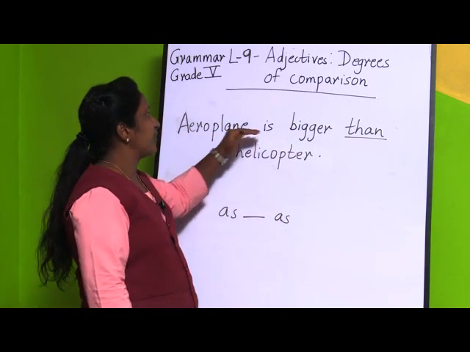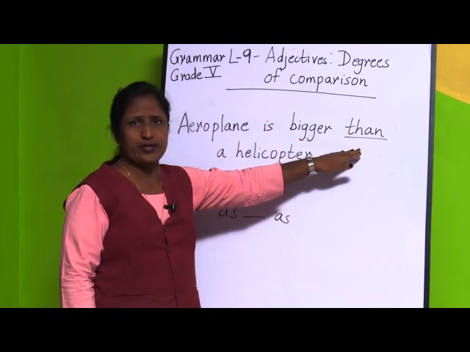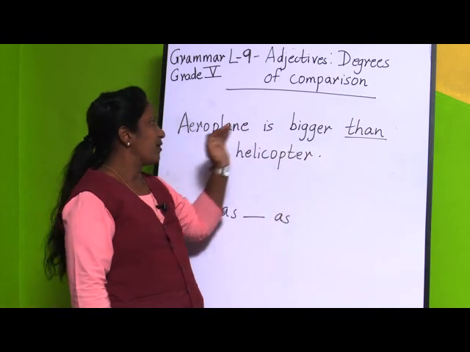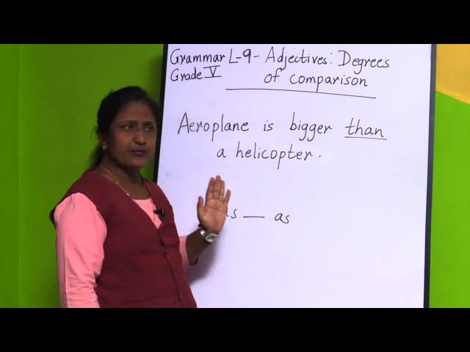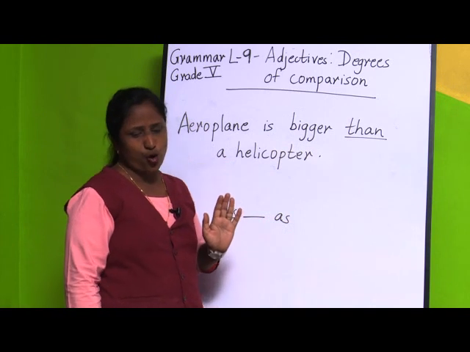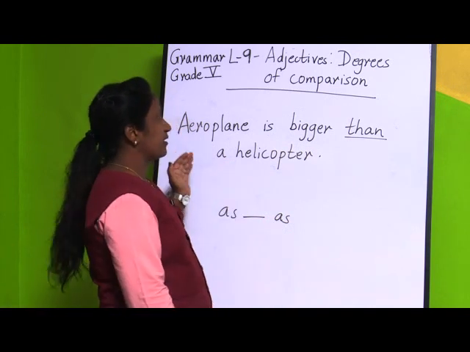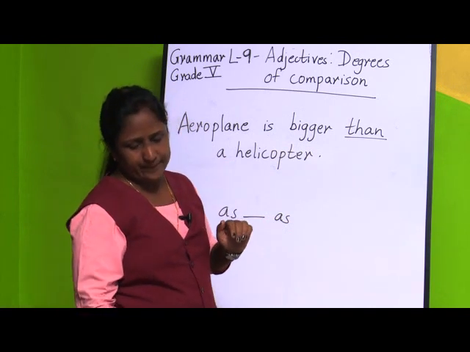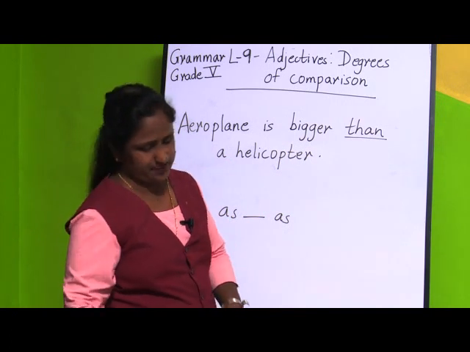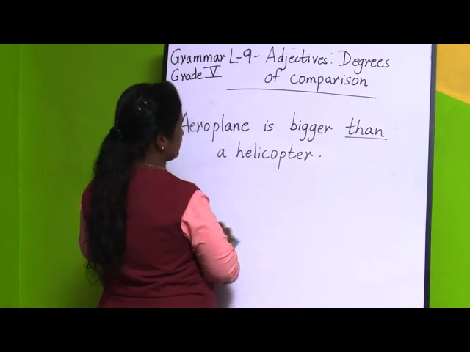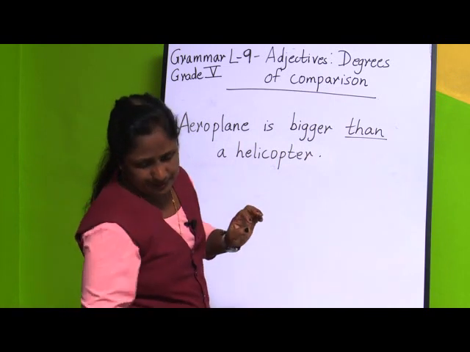So, aeroplane is bigger than a helicopter. Only you are going to use the word than, and you are going to show the comparison between two persons, two animals or two things in case of comparative degree. If you take exercise C, you will understand that.